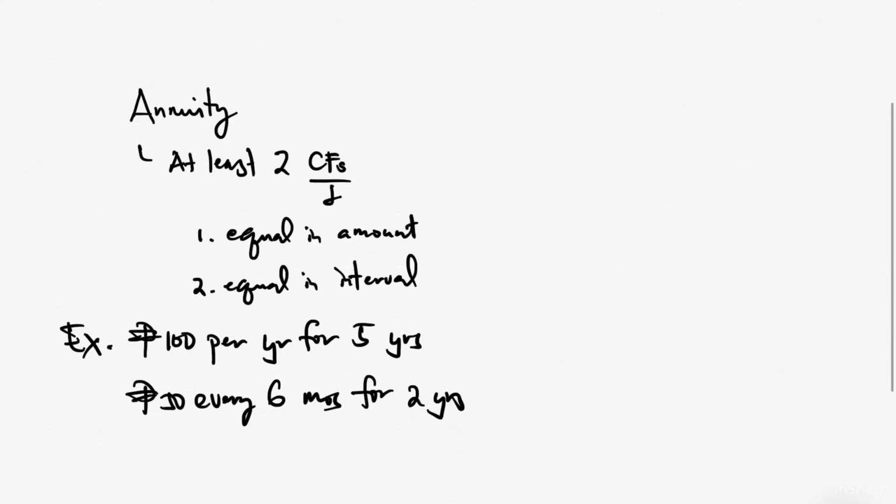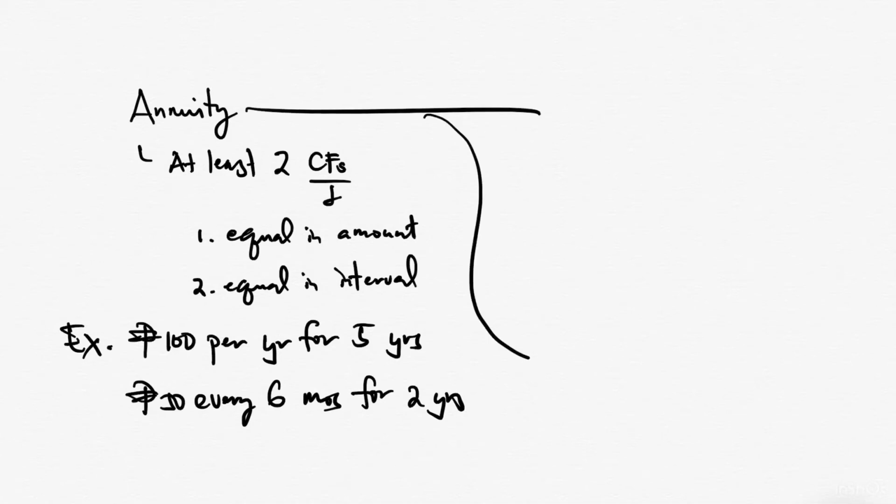And then to add, annuity is classified into two. We have the ordinary annuity and the annuity due. So what's the difference between these two?